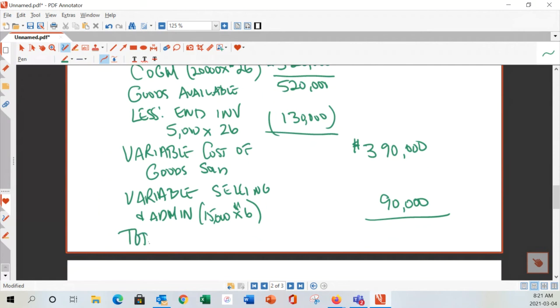Total variable costs. So the 390 and the 90, so 480.